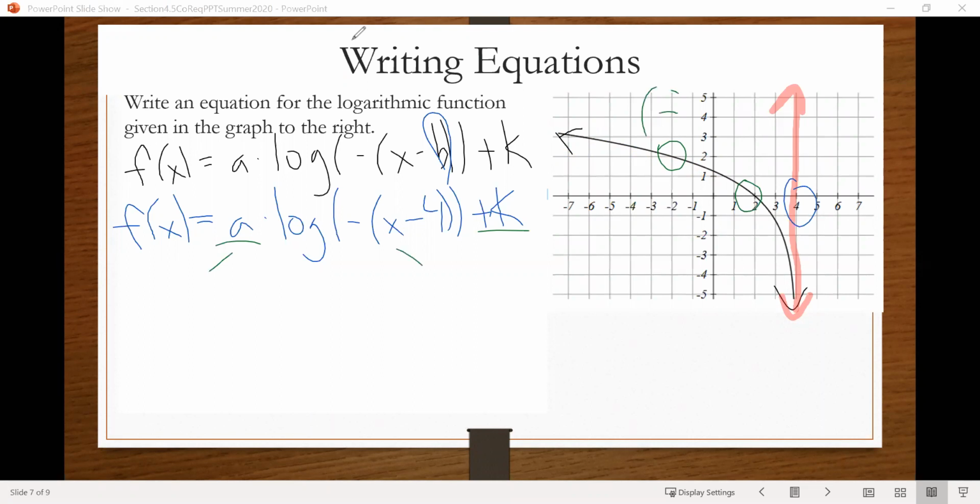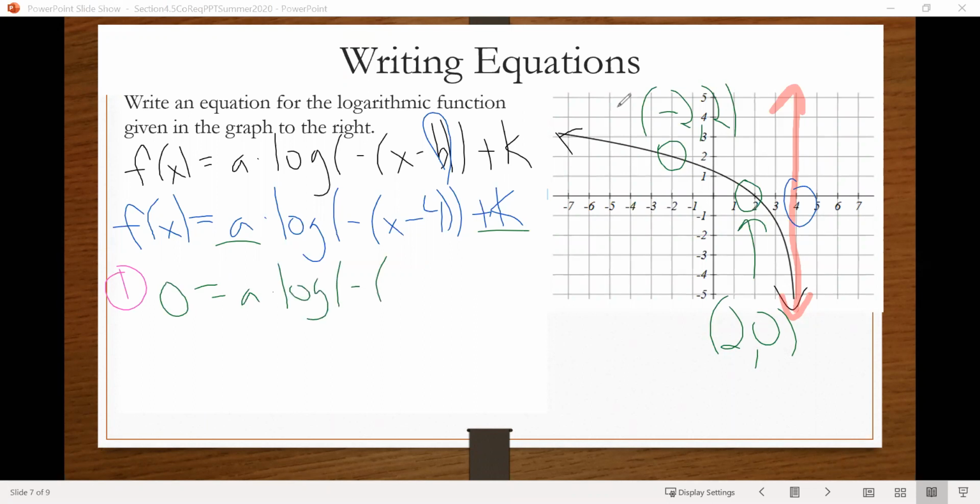So we have negative 2, 2, and 2, 0. I'll set up my first equation by plugging in 2, 0. That means we have 0 equals a times log of negative of x, where the value for x is 2, minus 4, plus k.